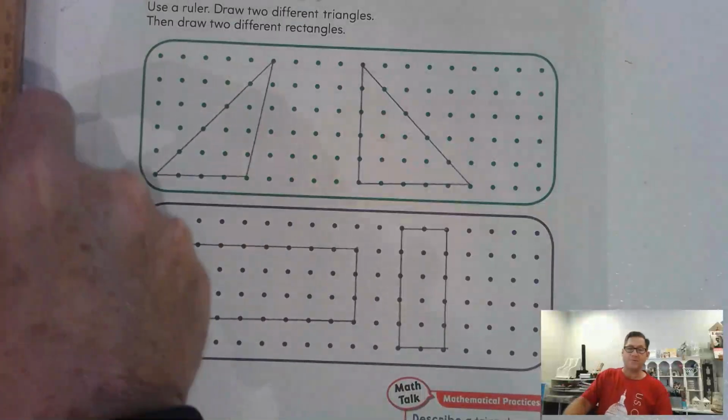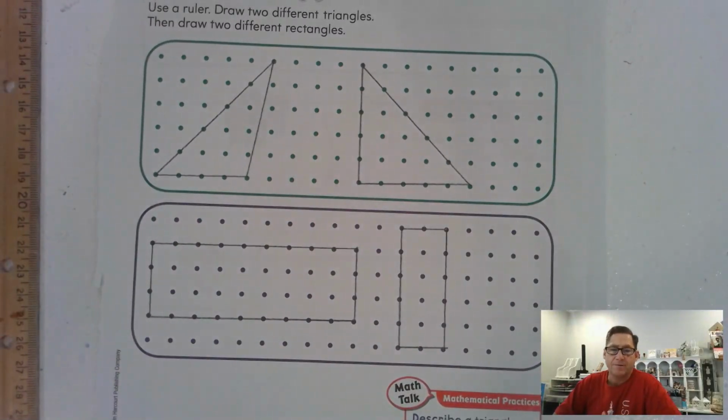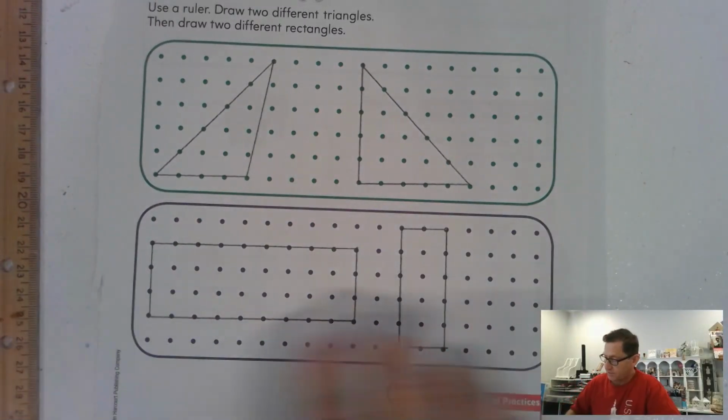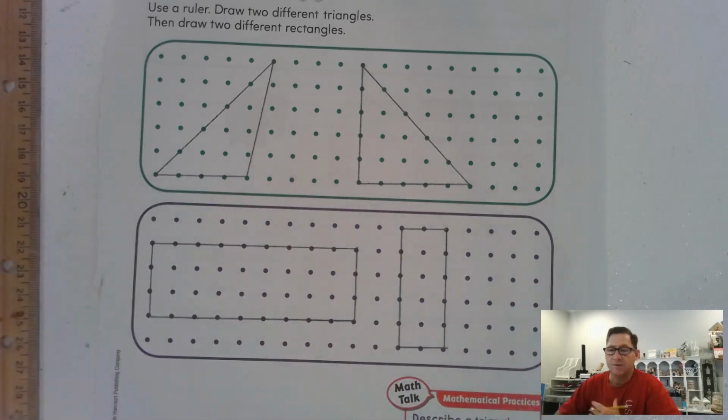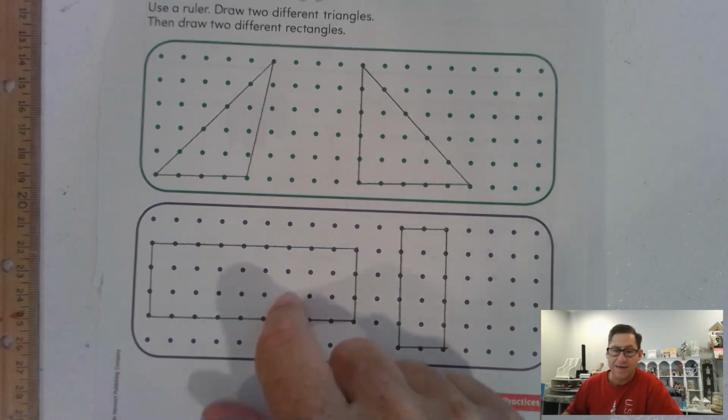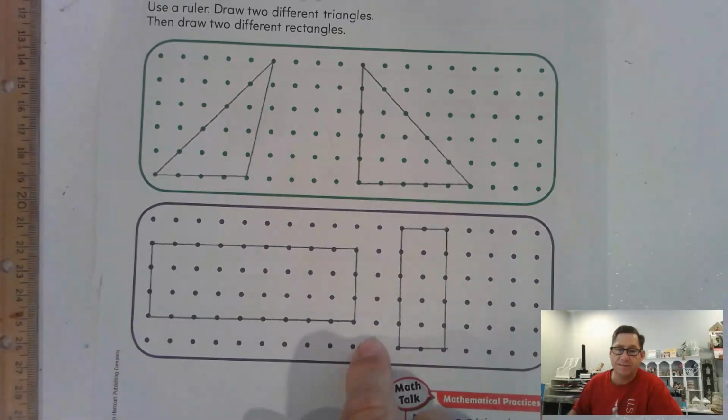And that'll be my second one. Okay. And again, they're rectangles. They're different rectangles because the lengths of my sides are different. They still have four sides. They still have four vertices.